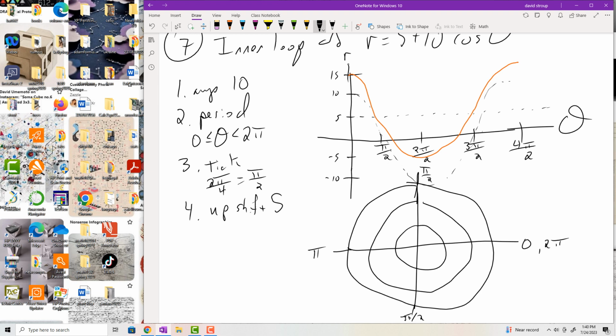So I'm starting out at 15. I'll do that in purple. And then as I rotate the pi over 2, it's going to decrease to 5. Right? So it'll decrease all the way to 5. So that was this, let me put it in yellow, this portion right here.